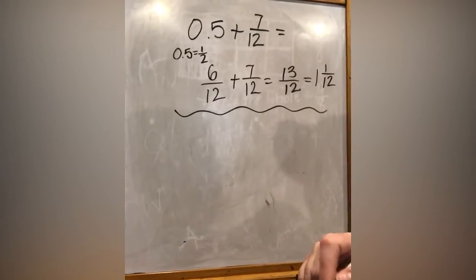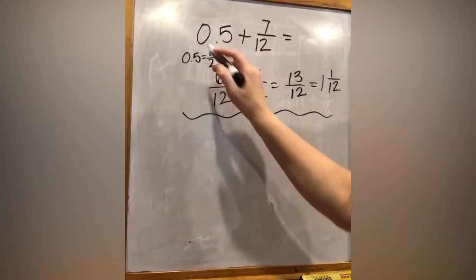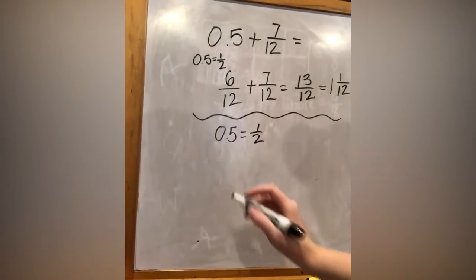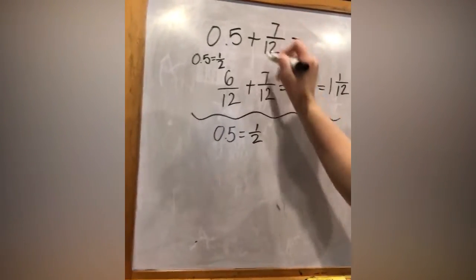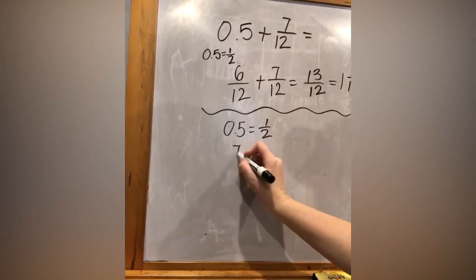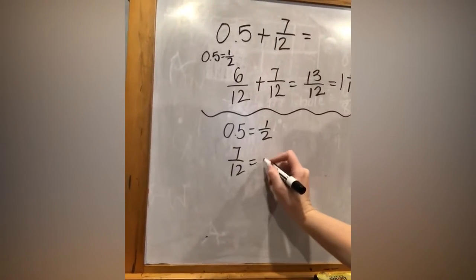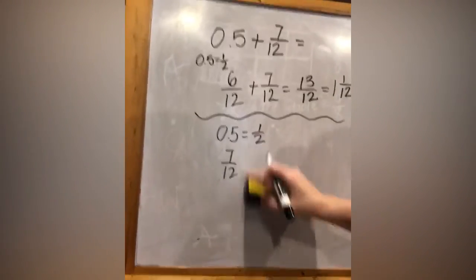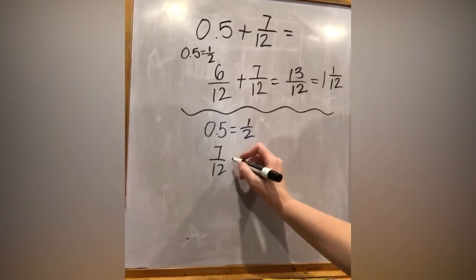Another strategy I might use is to again remember that 5/10 is equivalent to 1/2. And then when I look at my 7/12, I might remember that 7/12 is very close to my benchmark of 1/2. So I'm going to take out 1/2 of that.